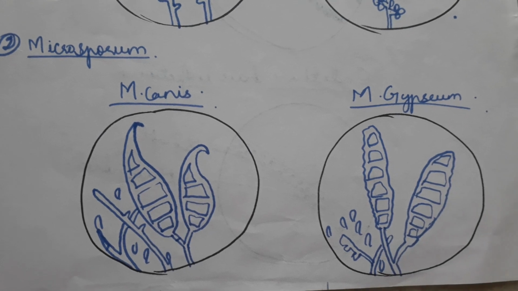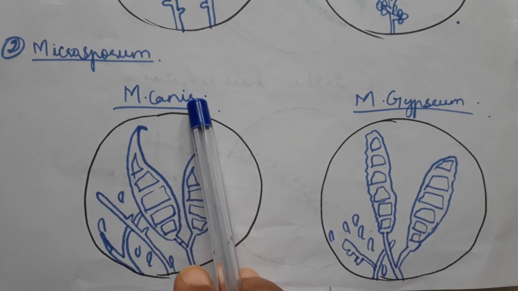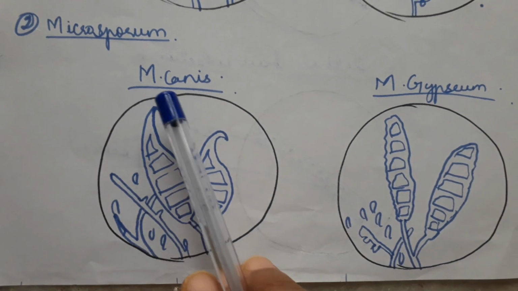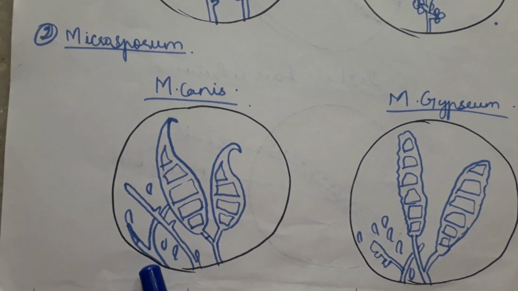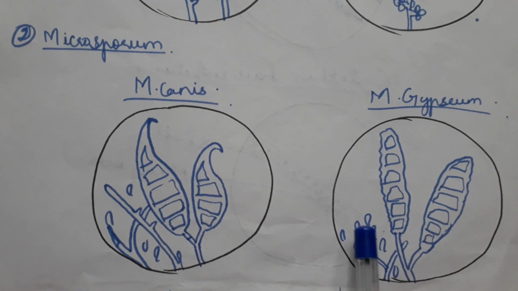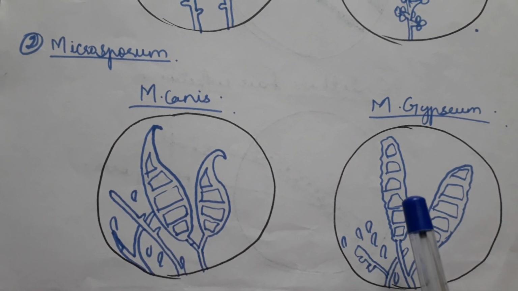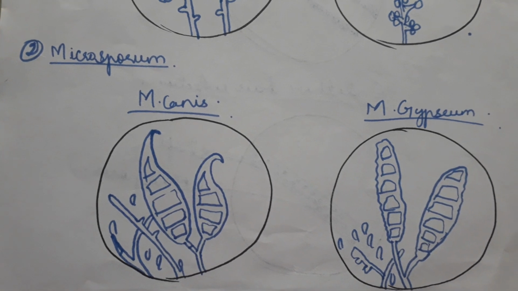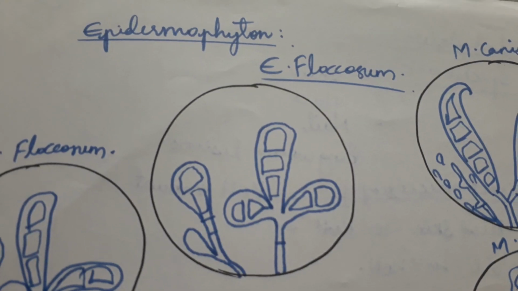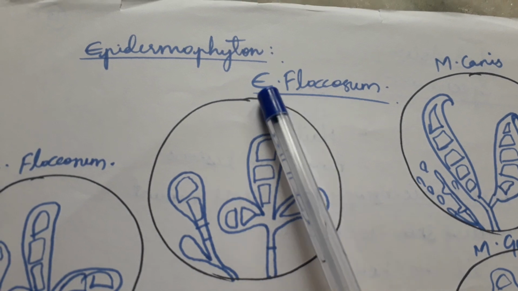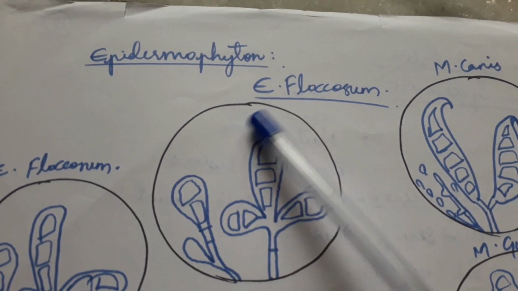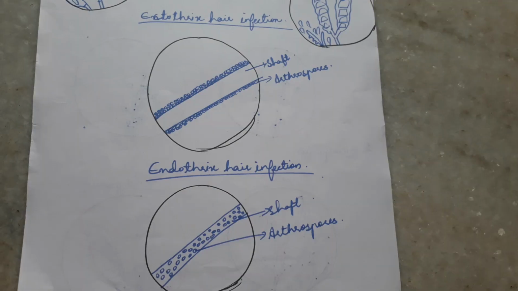Microsporum canis shows abundant thin-walled spindle-shaped macroconidia. Gypseum shows abundant thin-walled macroconidia. Epidermophyton floccosum shows club-shaped macroconidia in clusters.